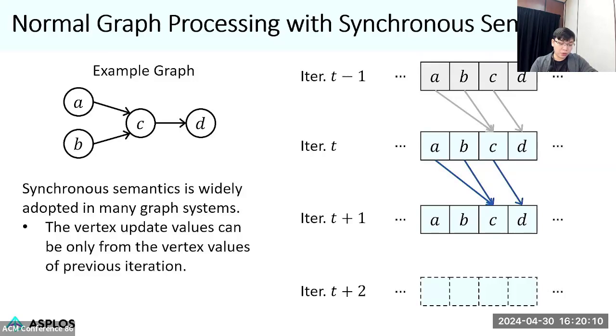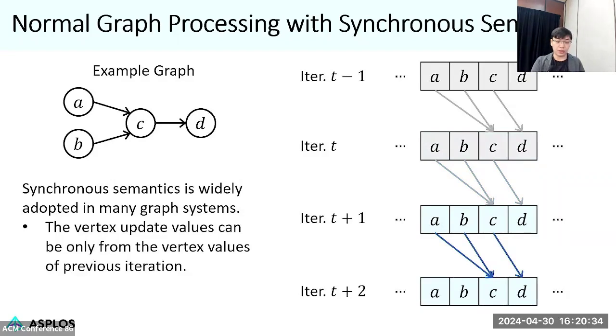Once iteration t+1 receives all the updates from iteration t, those vertex values of t+1 become ready. It means that we can move from this iteration to the next. So the normal processing just keeps working iteration by iteration until the graph algorithm converges.